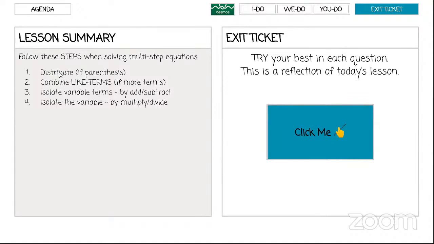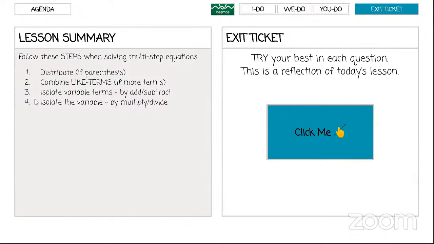Distributing means multiplying the number with every single term inside of parentheses. Then check if there are like terms, the terms that have the same variables or the terms that are only numbers. You need to combine them all. And then you will see at the end a 2-step equation.